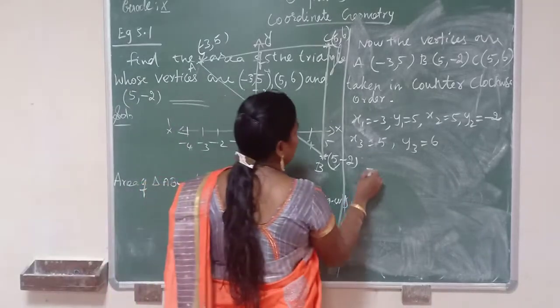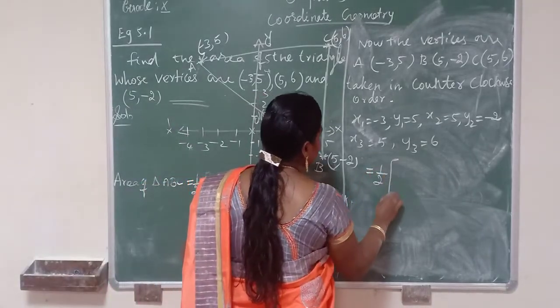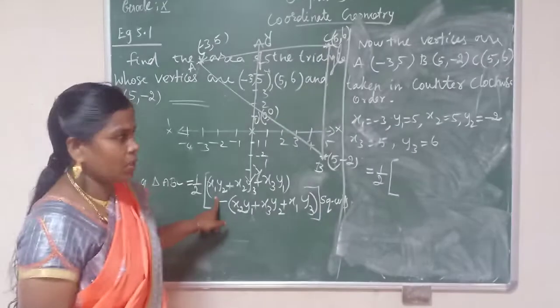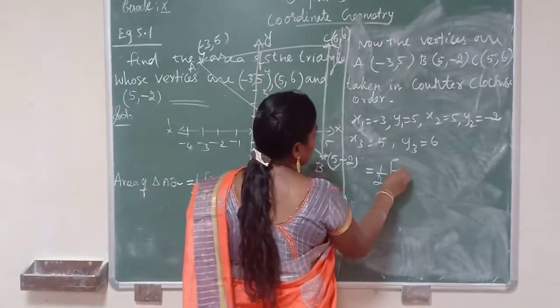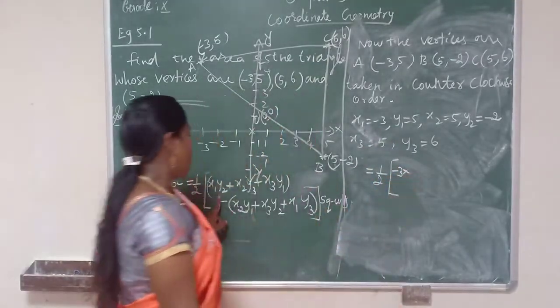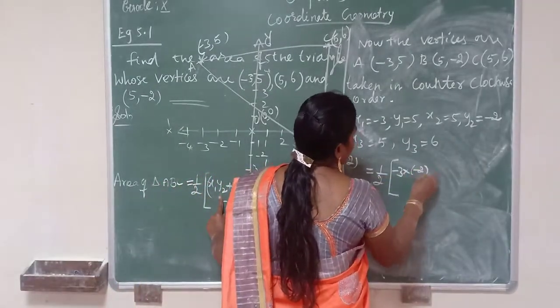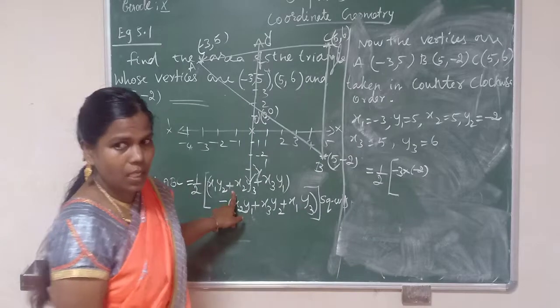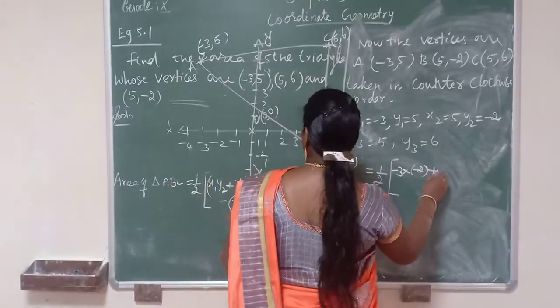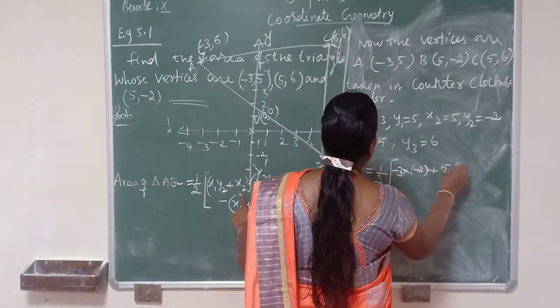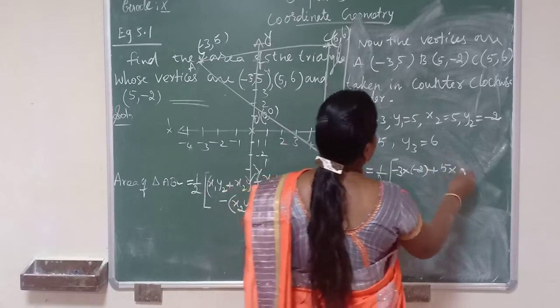Okay, that is equal to half into x1 y2. We have x1 is minus 3 into y2 value, minus 2. Then the formula has plus. Next x2 y3: x2 is 5 into y3 is 6.